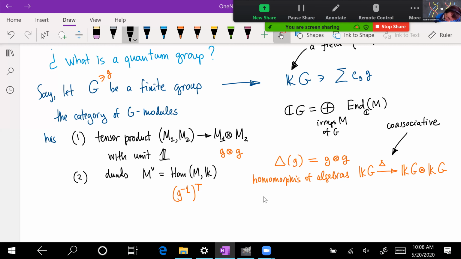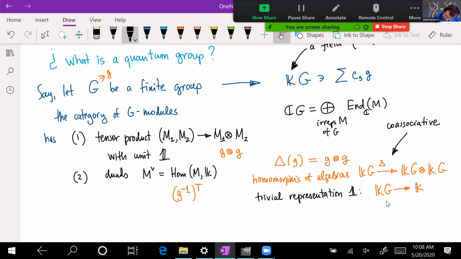And the unit with respect to the tensor product, the trivial representation, means you have a map from your algebra to just the field itself, and it plays the role dual to the unit.